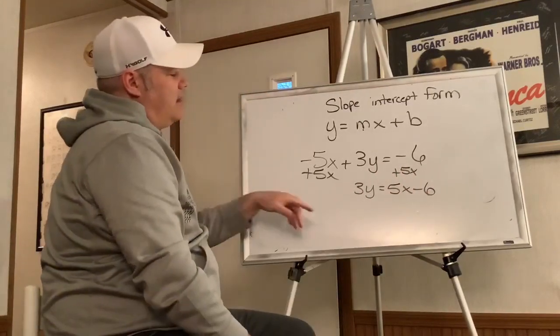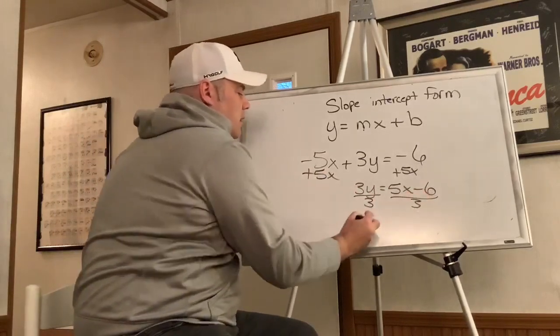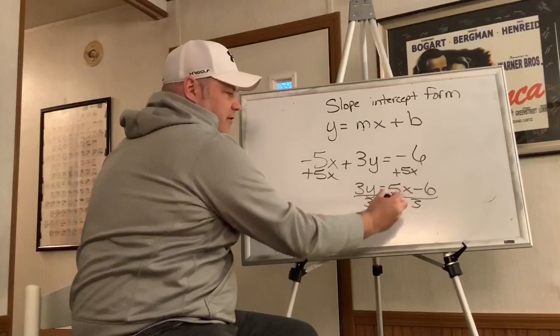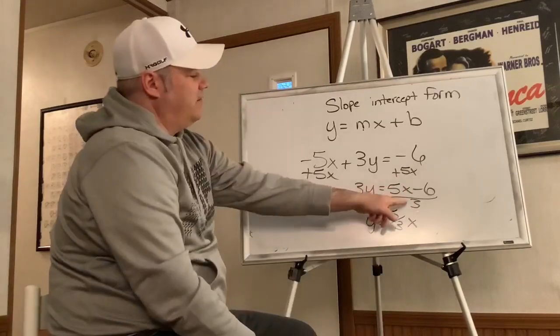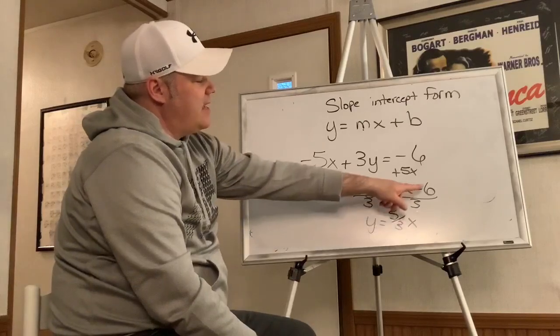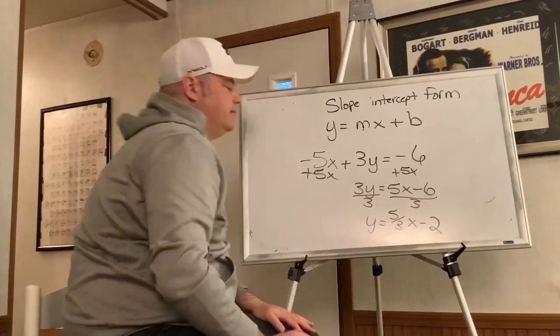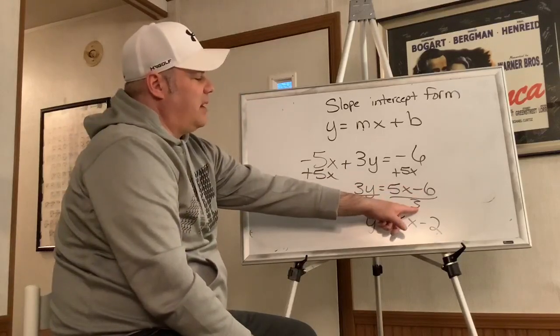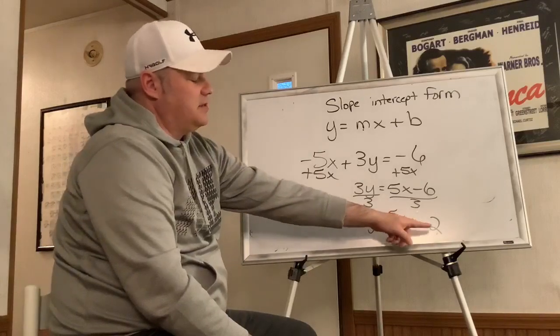And then we need to get rid of this 3. Now this will be a fraction a lot of times, so 5/3 x. 5 divided by 3, we write as 5/3. And then negative 6 divided by 3 is negative 2. Negative 6 divided by a positive 3 is a negative 2. So now we're in y equals mx plus b form.